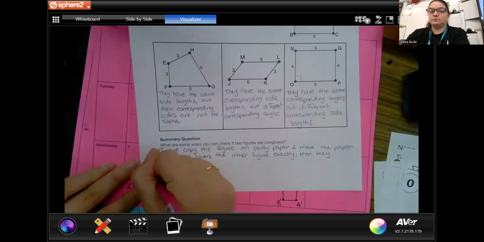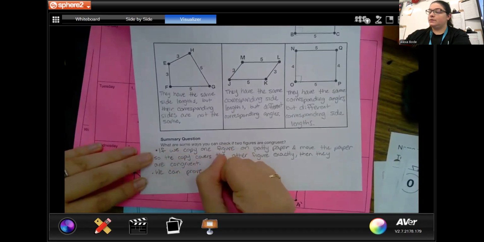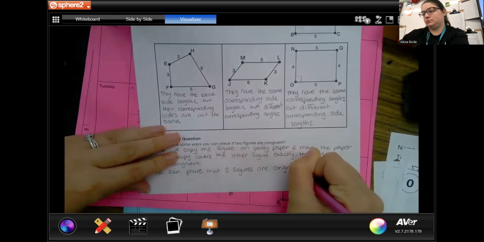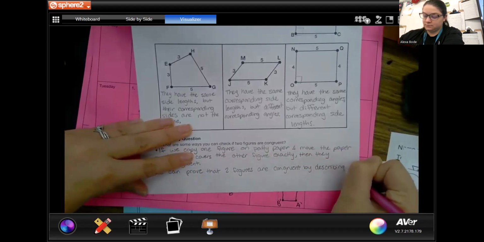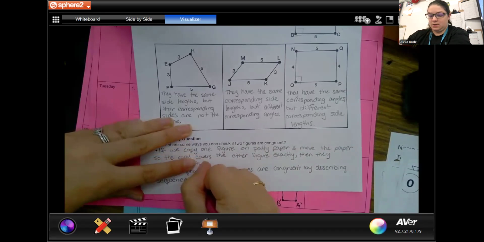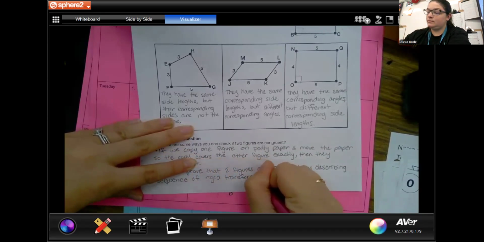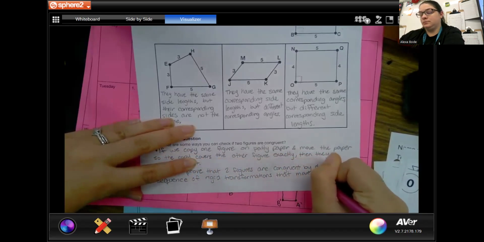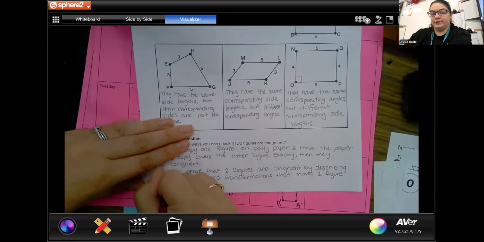The second way, we can prove that two figures are congruent by describing a sequence of rigid transformations that moves one figure onto the other.